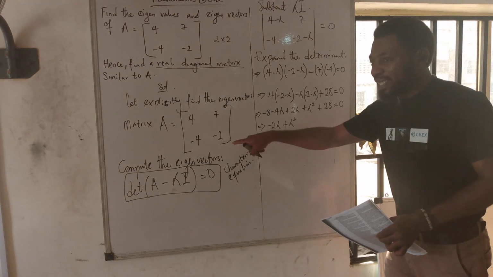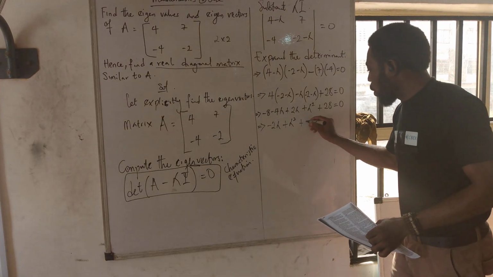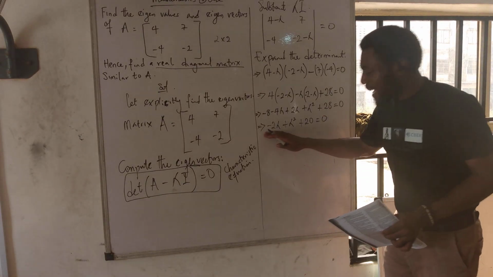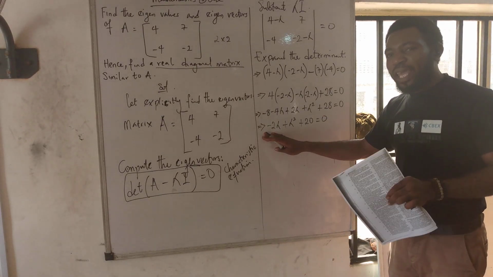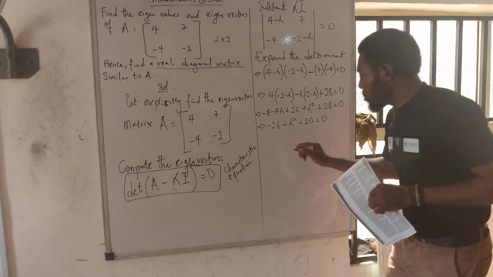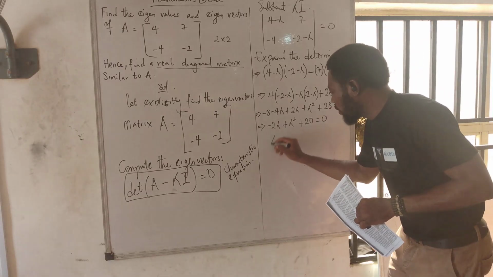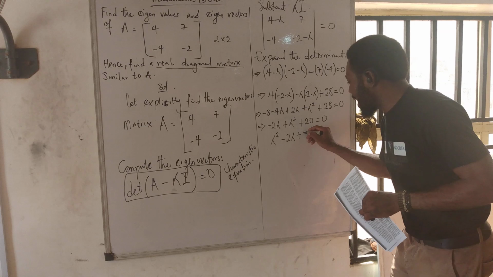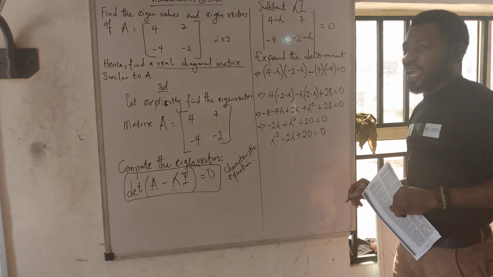When you pay off that 8 naira, how much do you have left? Plus 20 equal to 0. This expression here is looking like a quadratic equation. What does that mean? Now, let me rearrange this. This will give me lambda squared minus 2 lambda plus 20 equal to 0.